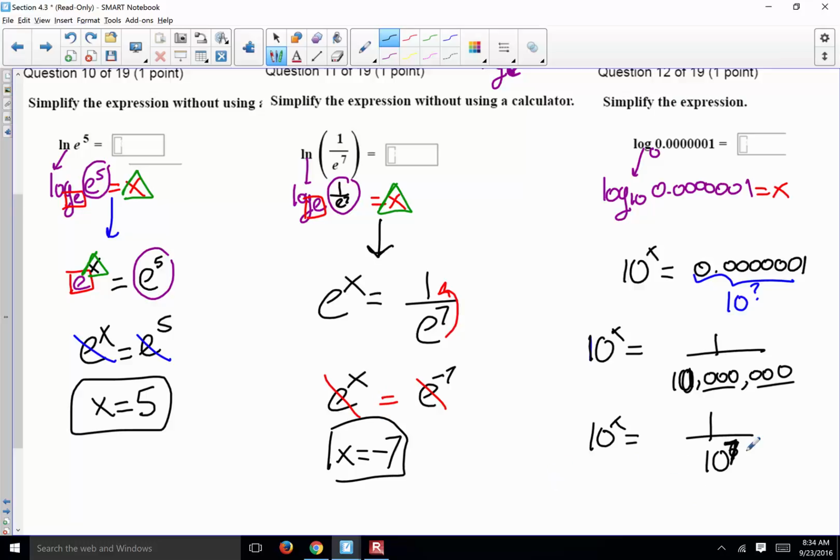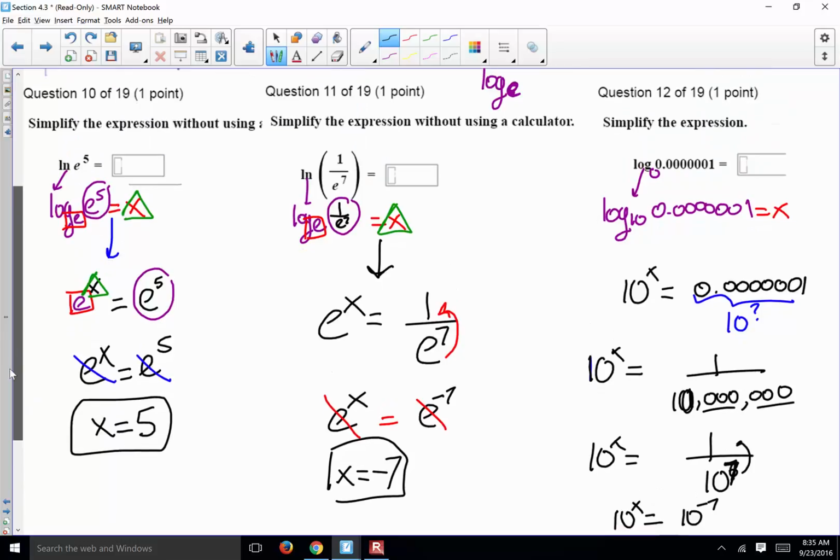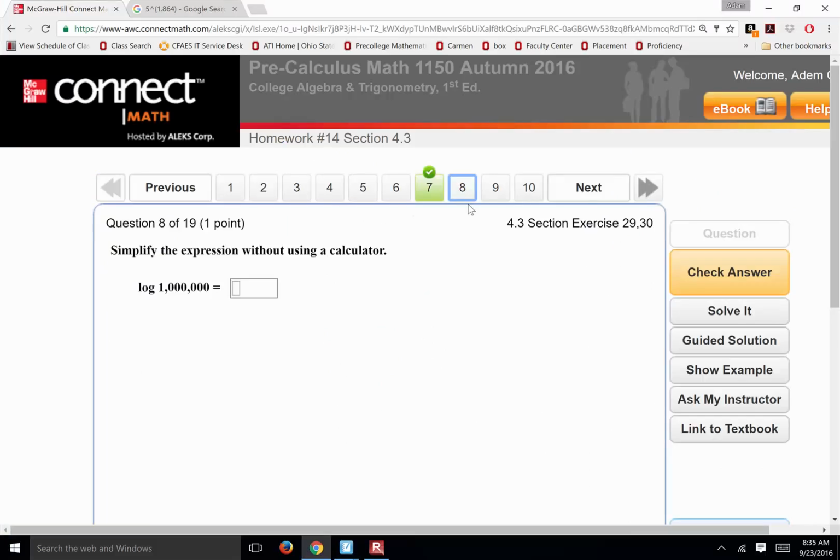And I need to bring this up. Is 10 to the x is 10 to the -7. Finally, same result. X is -7. I'll make sure this one is right. Number 12.